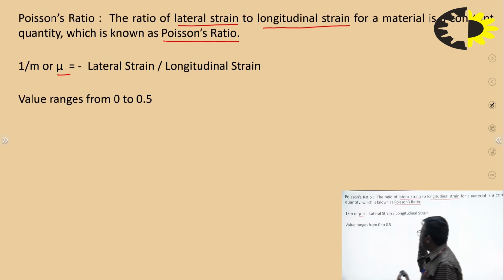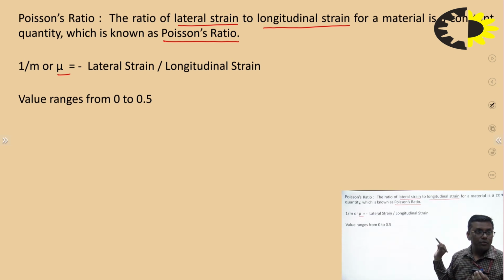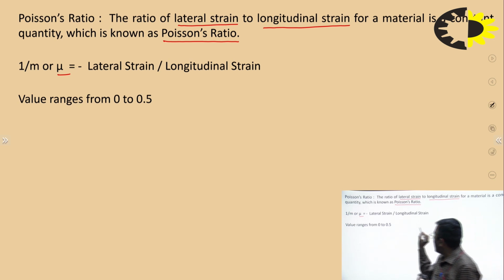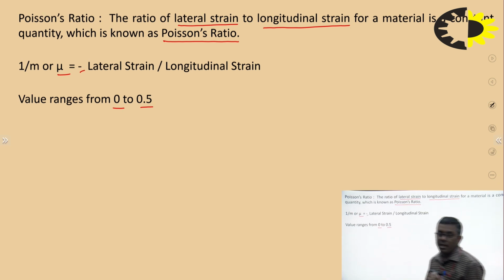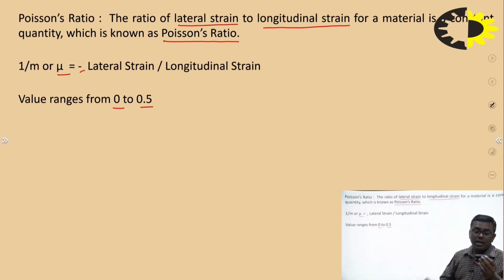So lateral strain upon longitudinal strain, and its value lies between 0 and 0.5. Here I have used a minus sign, very clear to everyone. If length is increasing, then obviously either the width or thickness will be decreasing. So the nature of lateral strain will be opposite to the nature of longitudinal strain.